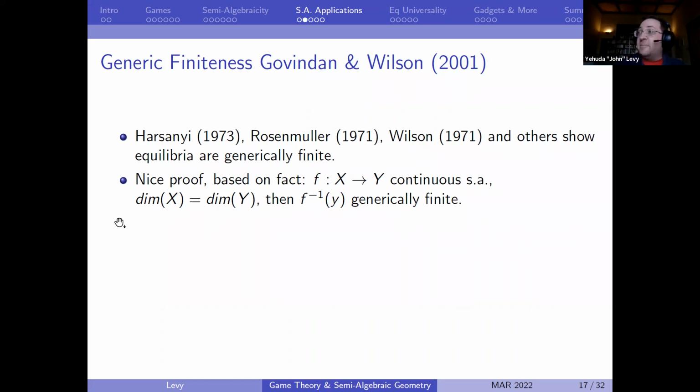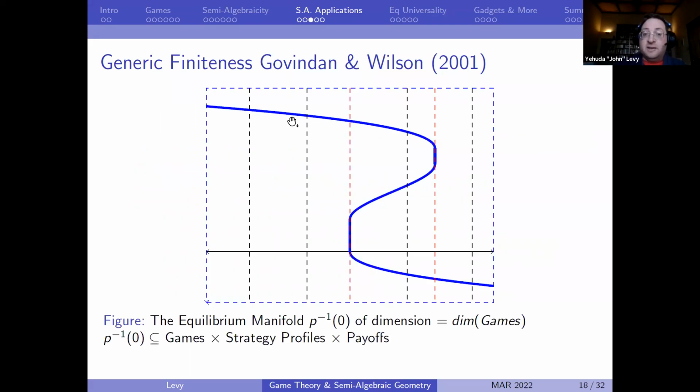Formally, that's sort of a semi-algebraic version of Sard's theorem, by saying if you have a continuous semi-algebraic function between two spaces of the same dimension, then generically the inverse of a point is finite. So the graph you should have in mind is something like this.